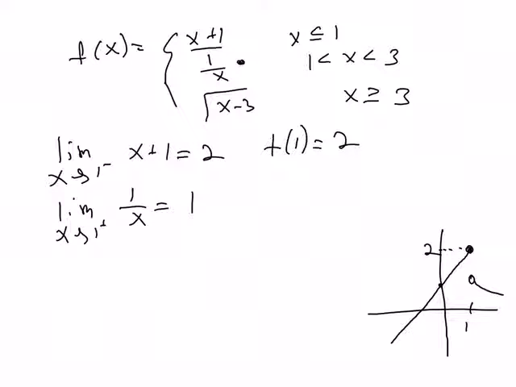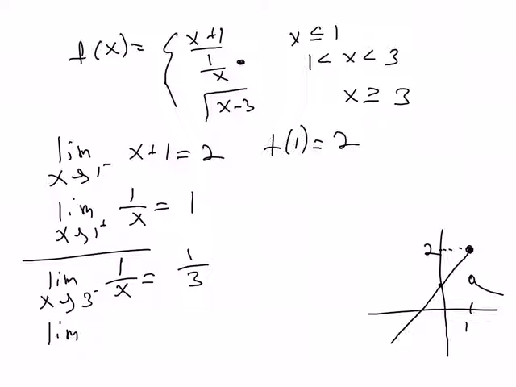So now the second part is the limit as x goes to 3 from the left. We're dealing with 1 over x. This is going to be a third.